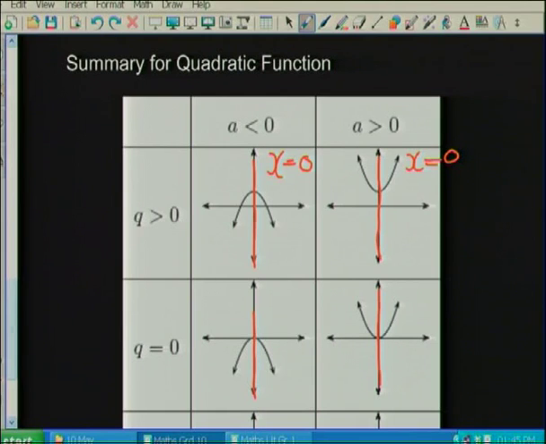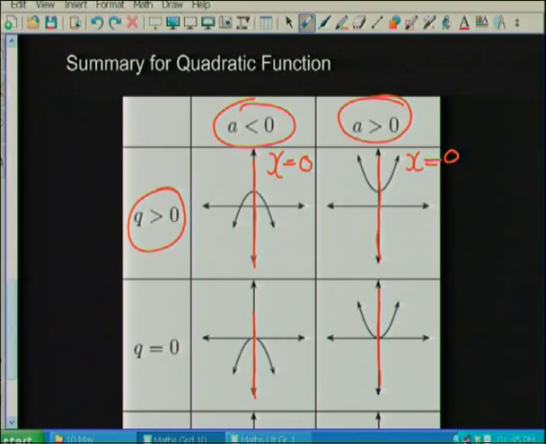Right, guys, if we have a look at this first graph, it is a sad face, which means that a is negative. Its turning point, however, is on the positive y-axis, so it means that q must have been greater than 0. Here, I have a positive a value because my graph is smiling.